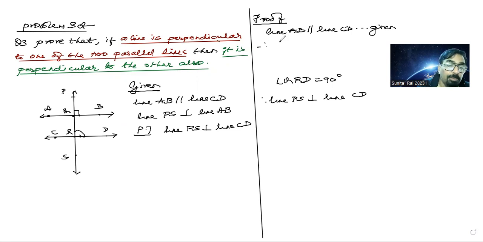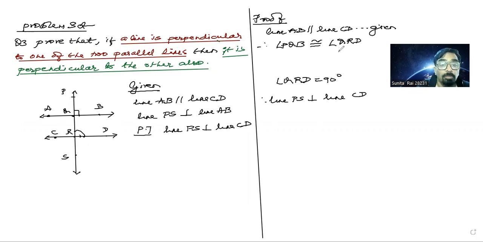Therefore, angle PQB, can you see this angle PQB is congruent to angle QRD, children? Please have a look at the congruent sign, properly.